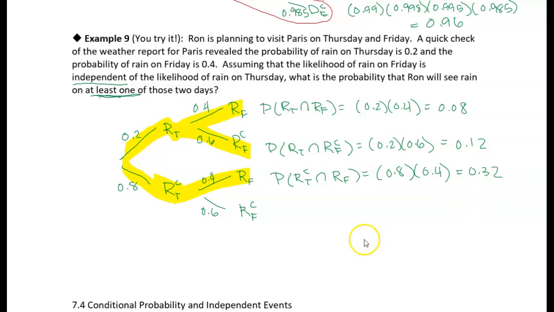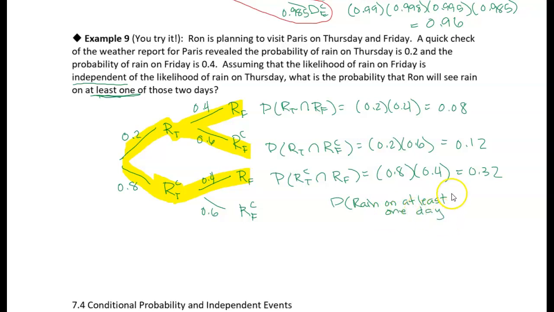All right, so if I want to know what's the probability of rain on at least one day, it can happen any of these three ways. So I'm just going to add up these probabilities. I'm just going to write it this way: probability of rain on at least 1 day.